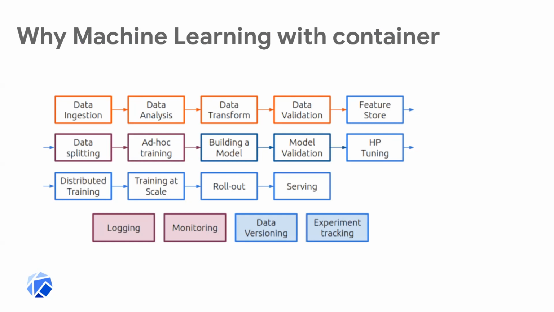At a very high level, machine learning is a collection of different steps. Right? We already covered those steps. Looking at those steps, there's a lot of tight correlation between them: from the ingestion to the analysis, from that to the transformation, from that to the validation, from that to the feature store.